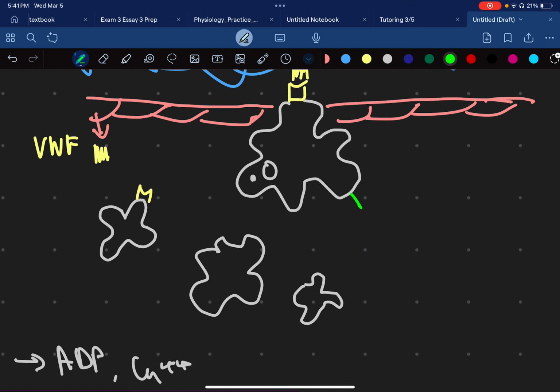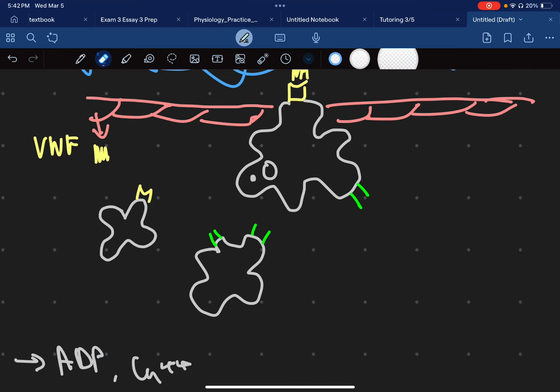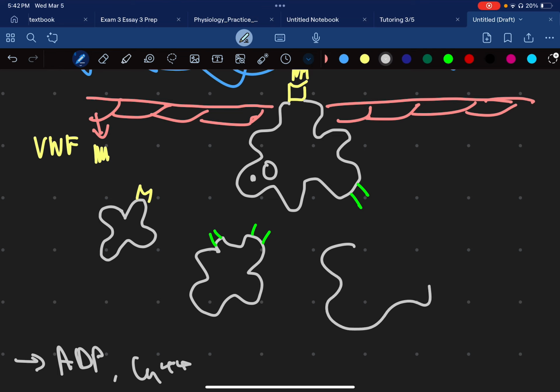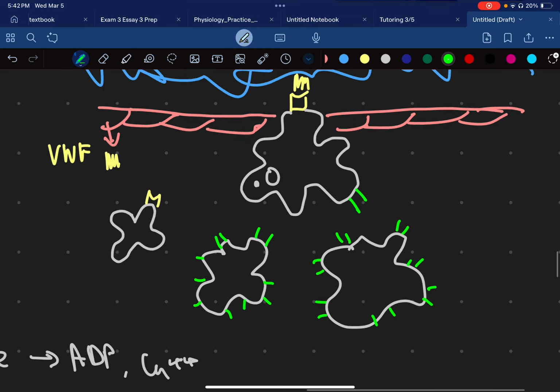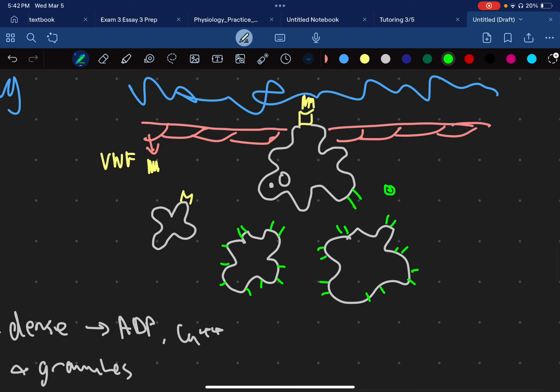So all of these platelets are going to be activated. They're all big. They all have a bunch of fibrinogen or fibrin receptors. So fibrinogen is going to come along here in the blood, and it's going to bind to our activated platelet, and then it's going to bind to another activated platelet.